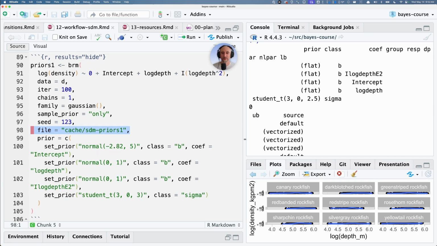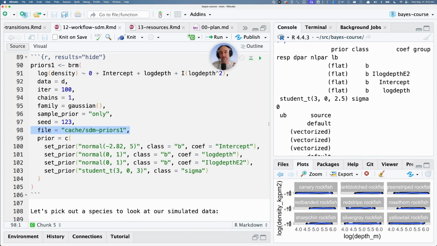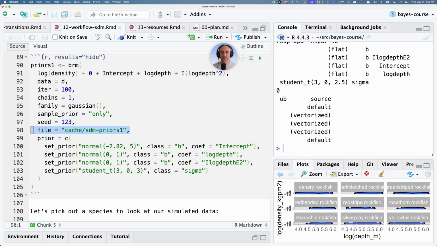And then I've set some priors here. Because for the purpose of this, I just want to focus on the curvature of the fit, I'm going to set the intercept to roughly the mean of the data. And I have mean centered the predictor.